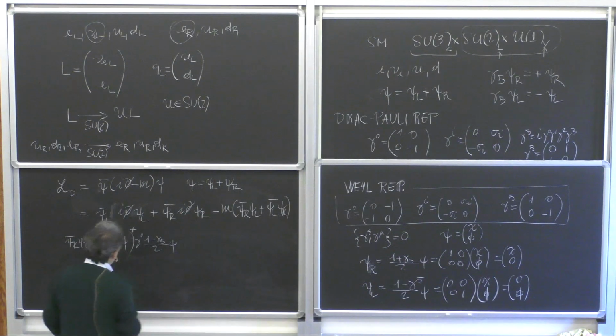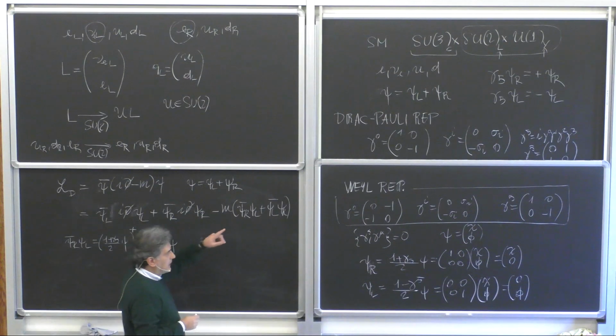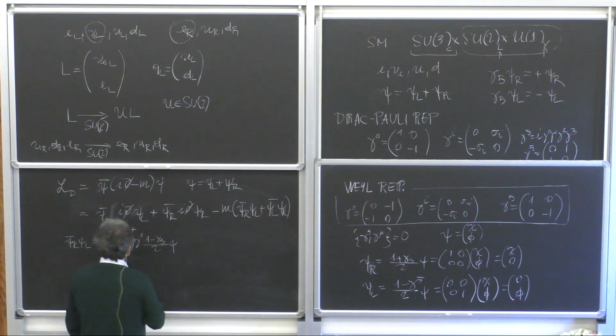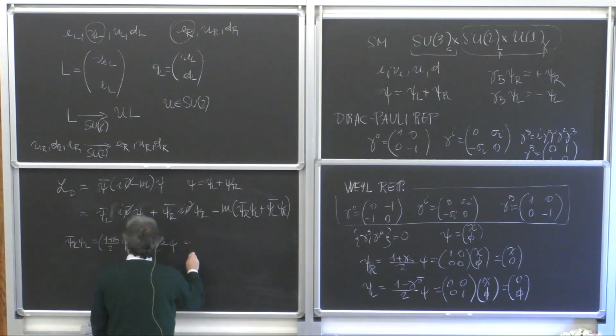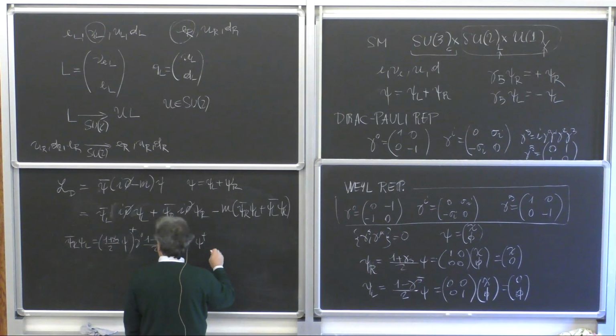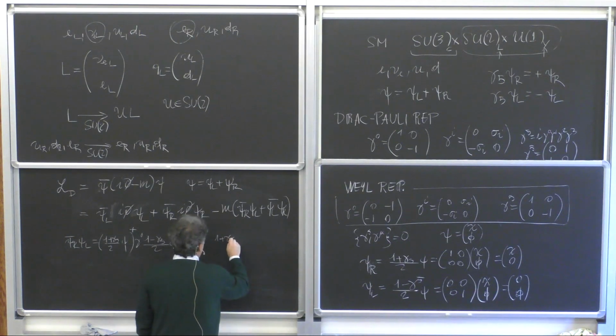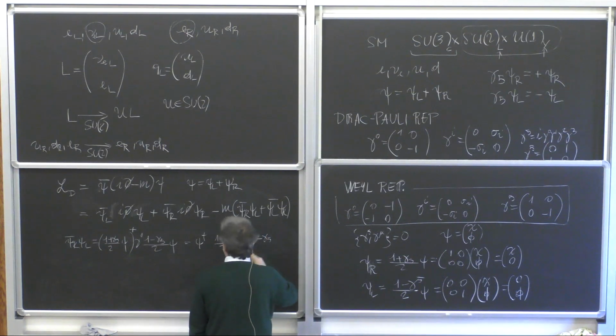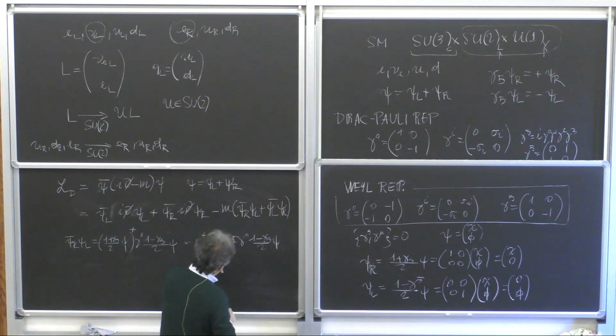Now, gamma 5 is real, so the dagger does nothing here. So this is psi bar, 1 plus gamma 5 divided by 2, gamma 0, 1 minus gamma 5 divided by 2, psi.